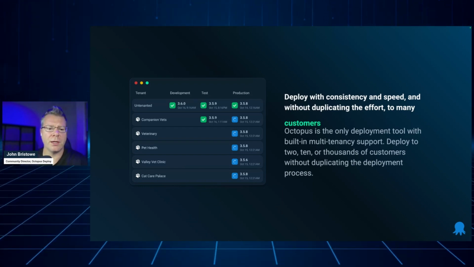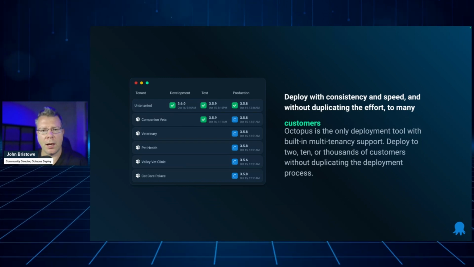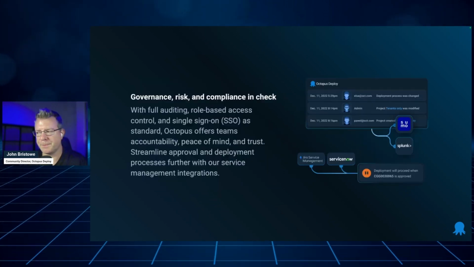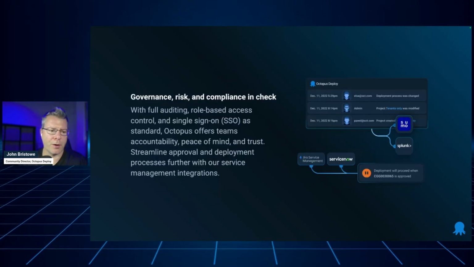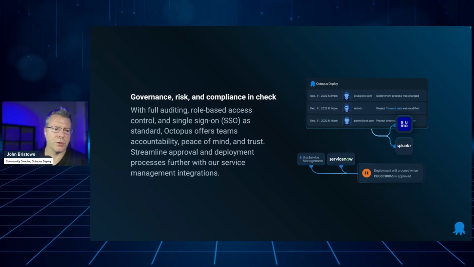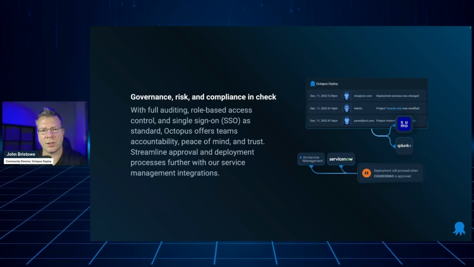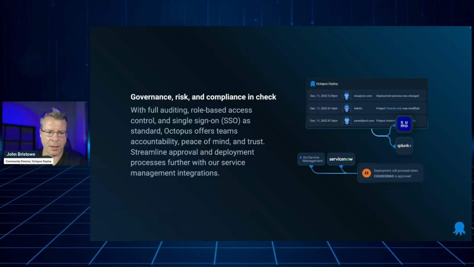You can define those and then deploy these across thousands of different deployments using a single deployment process if you so wish. And as I said before, auditing is built in. We also have RBAC, or role-based access control, built in. We have single sign-on capabilities as well. These and other sorts of features come straight out of the box.